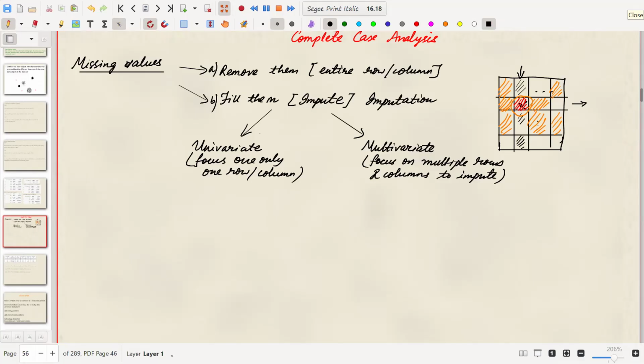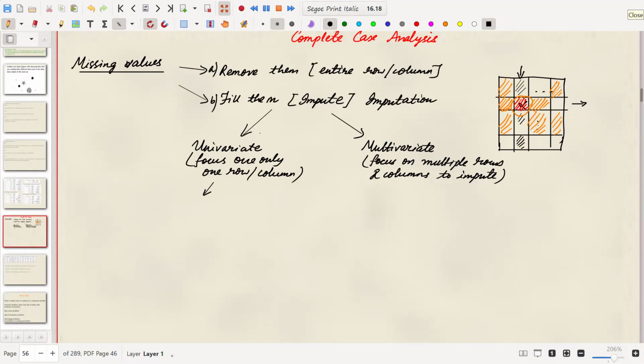Now you know what univariate imputation is and what multivariate imputation is, right? In this class, we will mainly focus on univariate imputation. Most likely you will learn about multivariate imputation in your next semester in predictive.